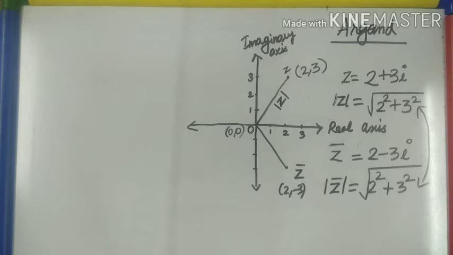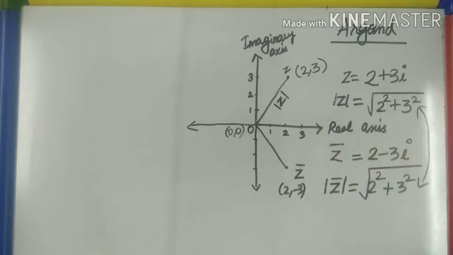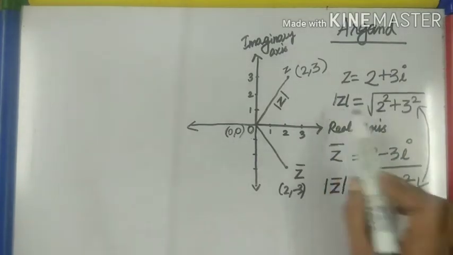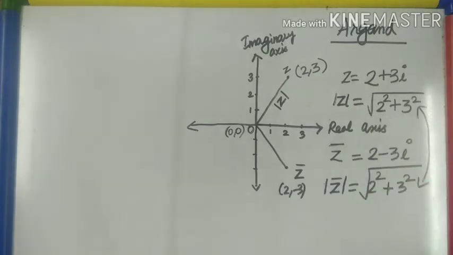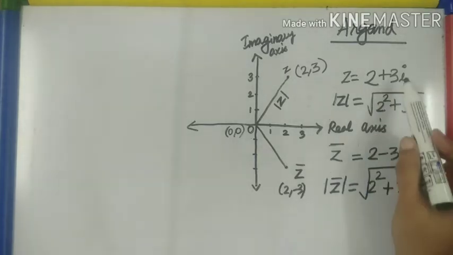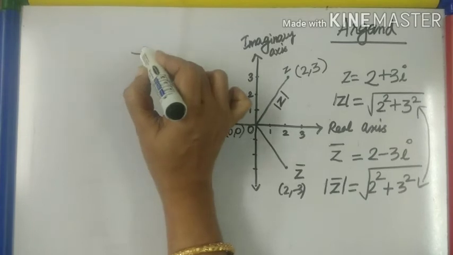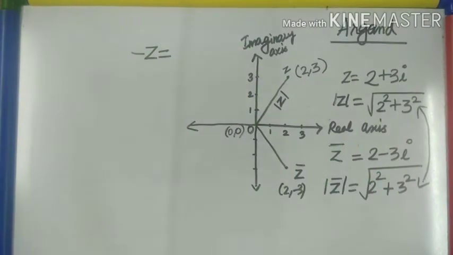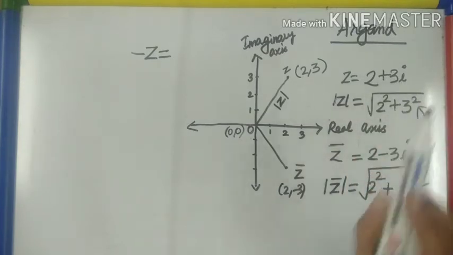So in a complex number system, the basic things that we have to remember: z I call 2 plus 3i, means modulus of z is 2 square plus 3 square and the square root of it. Z bar means treat the real as it is, change the symbol for the imaginary alone. Now, what about minus z? What do you mean by minus z? Whatever is coming in z, just change the symbol.